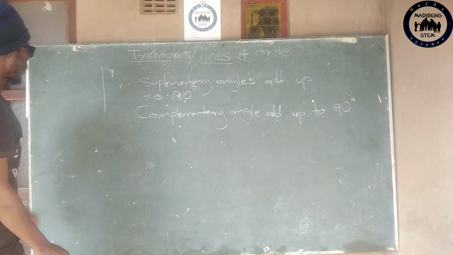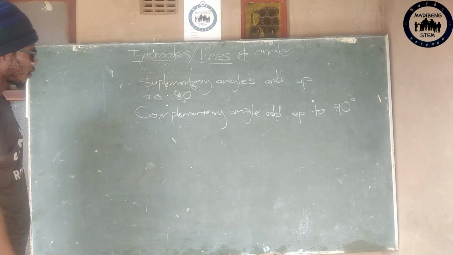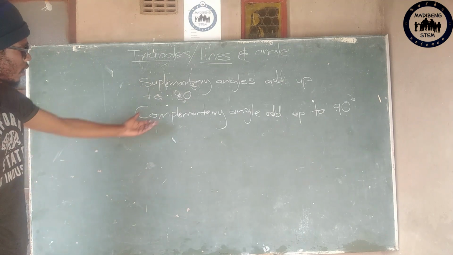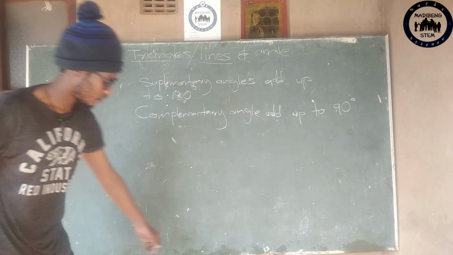So supplementary angles add up to 180, and complementary angles add up to 90.